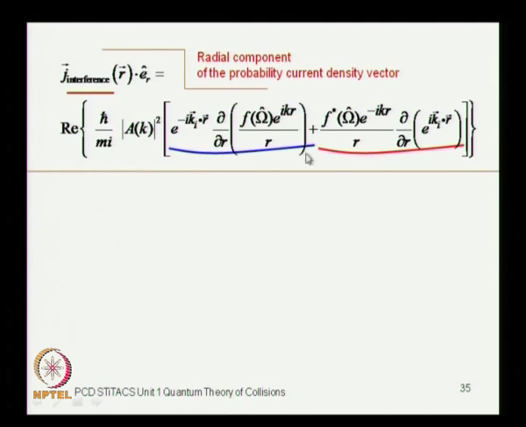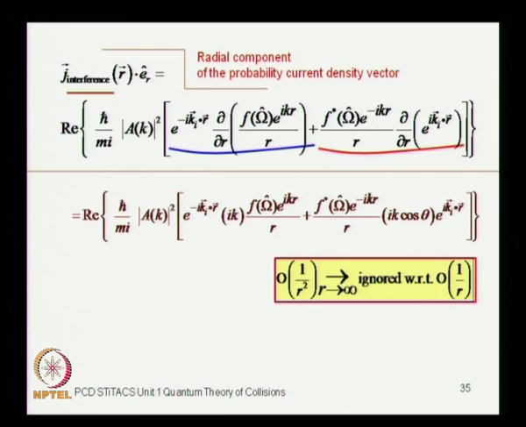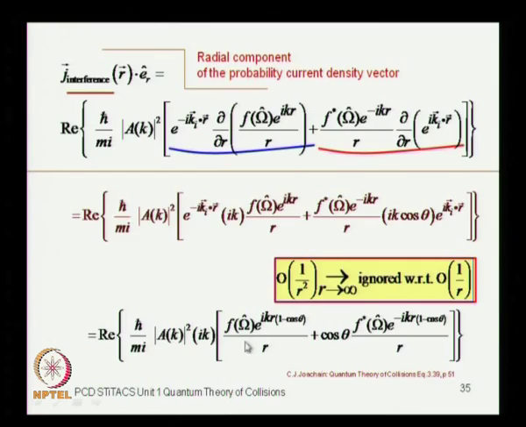So, these are the 2 terms that you get for the radial component of the probability current density vector coming from the interference term. Now, there is an i k here which we got from here, there is also an i k here. So, you can take this i k, factor it out as a common factor, then you will be able to cancel this i in the numerator with this i in the denominator.